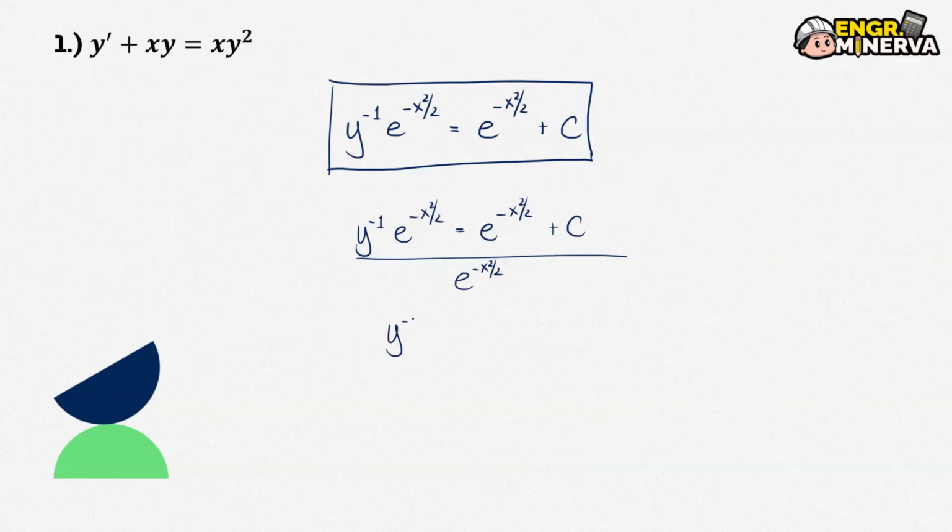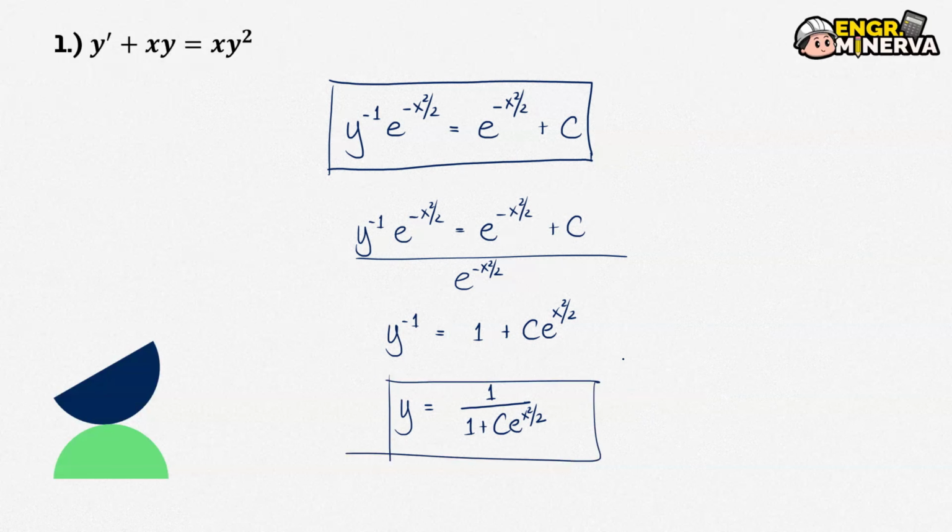So that would be y raised to negative 1 equals 1 plus c e raised to x squared over 2. And eventually, since this is a reciprocal or y raised to negative 1, that would be y equals the reciprocal of this, which is 1 over 1 plus c e raised to x squared over 2. So this is our explicit solution.